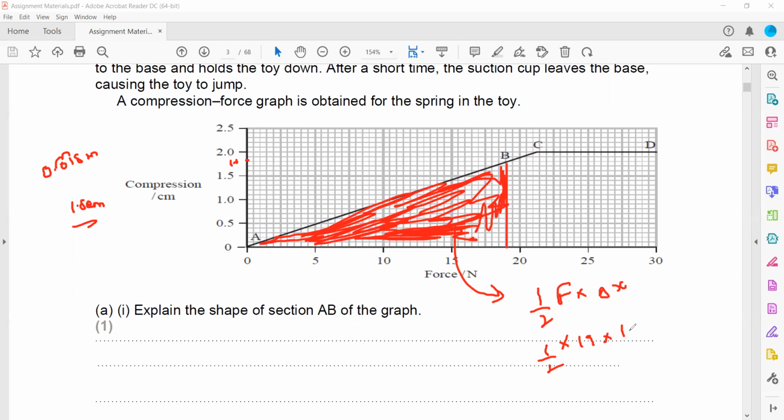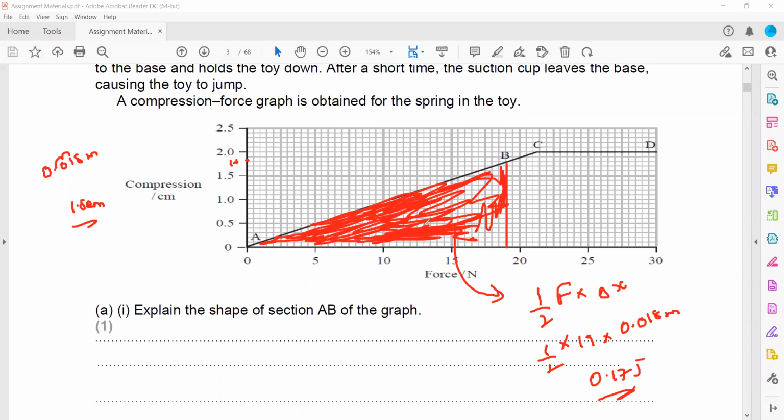The compression is 1.8 centimeters, but we have to use meters so that we get Newton meter, which equals joule. So half times 19 times 0.018. What's the answer for this? 0.17 joules. So 0.17 joules of energy is stored by this spring.